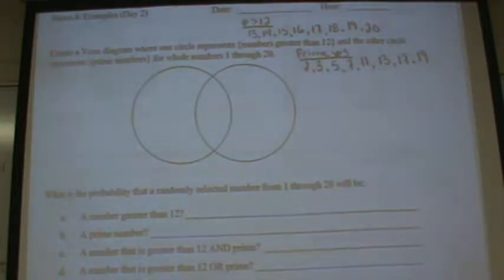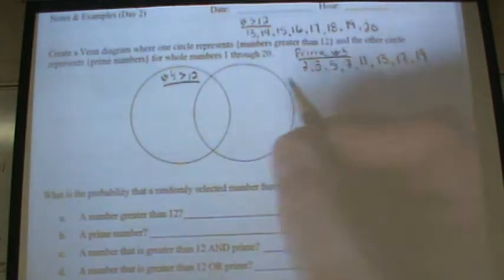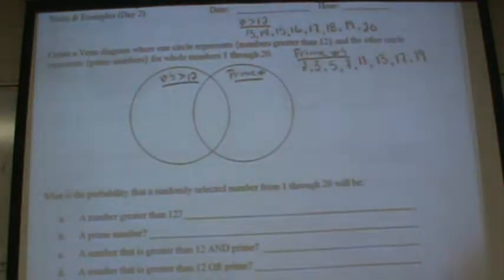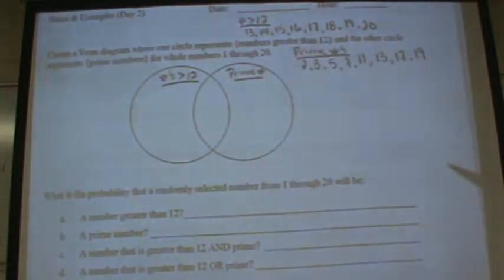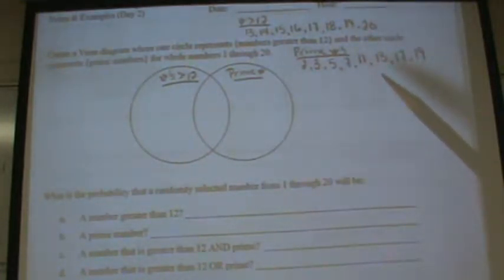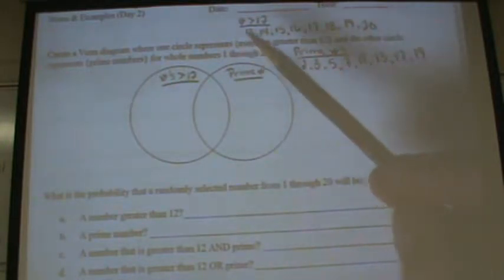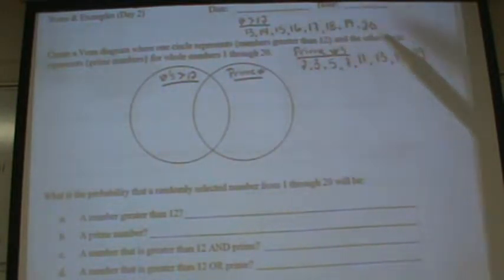So now we can fill out our Venn diagram, because we're going to have one circle that are numbers greater than 12, and one circle that are prime numbers. The easiest way to fill this out is maybe to find what they have in common first. Numbers greater than 12 and prime numbers both have a 13, a 17, and a 19.